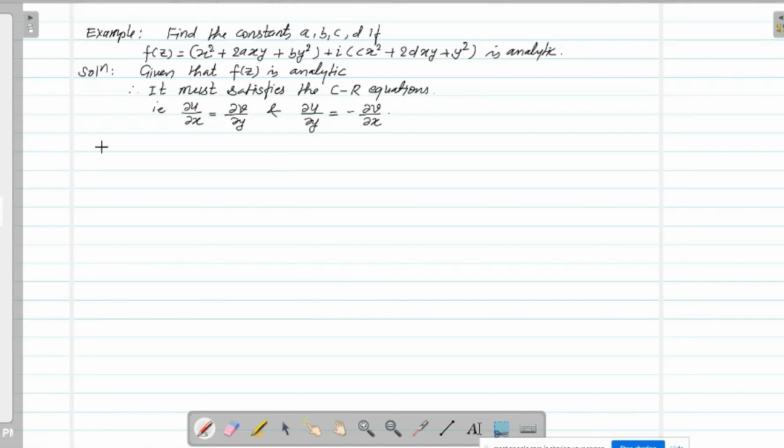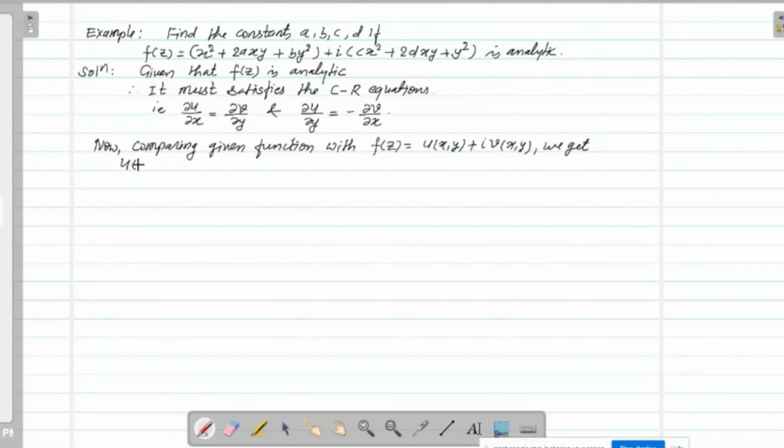Now comparing the given function with f of z is equal to u of x comma y plus i times v of x comma y, we get your function u of x comma y is equal to the real part of the function f of z, that is x square plus 2 times axy and plus b y square.